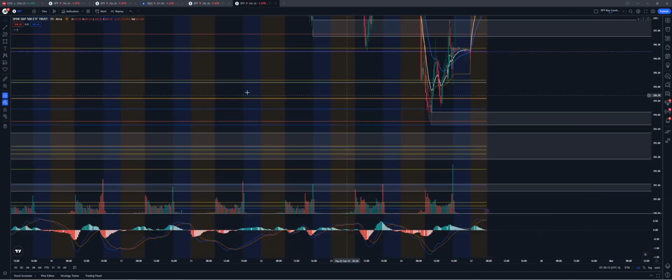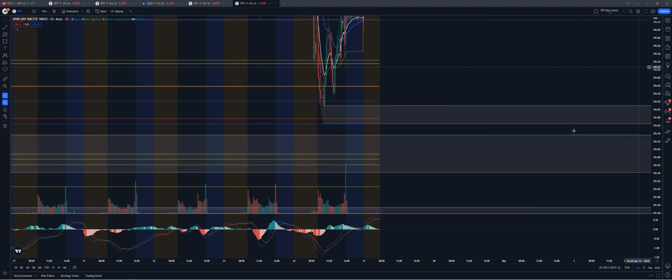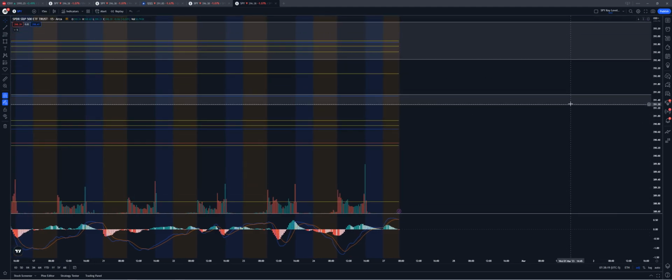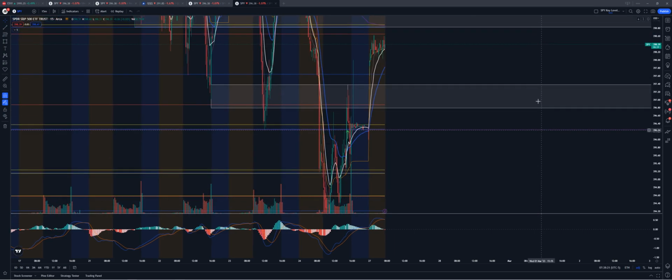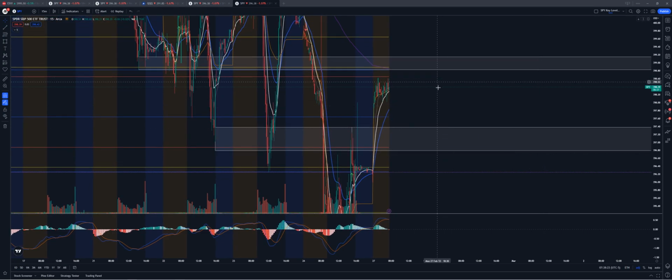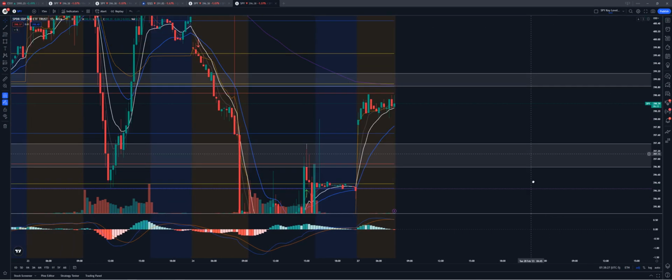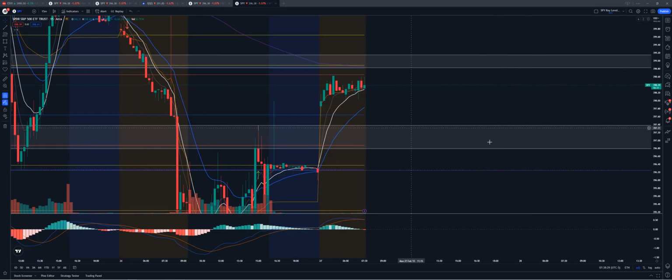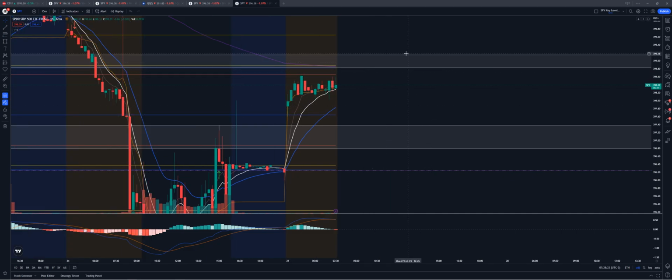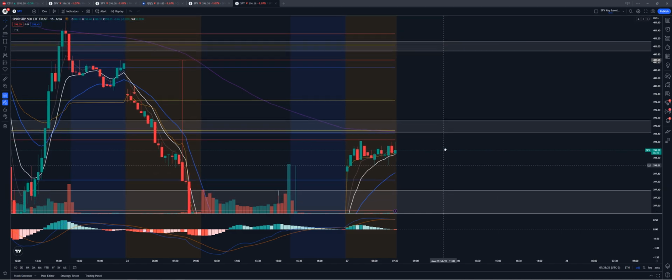Let's go back to present time. Okay, this is good. And that takes us all the way down to 391, which is probably more than we need since we're at 398 right now. Okay, so there we go. Those are the zones that I'm going to be using today, as well as all of my levels. So I think that's good for the pre-market prep, and hopefully this helps you guys throughout the day.